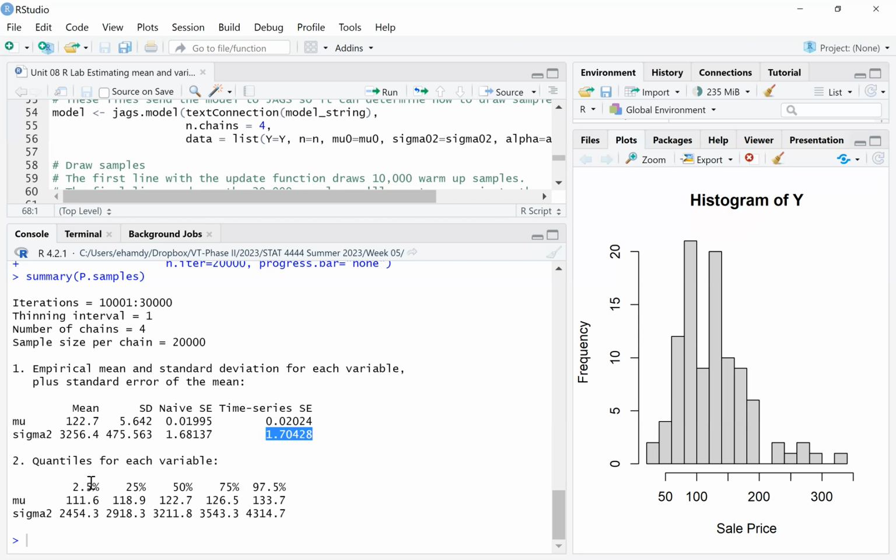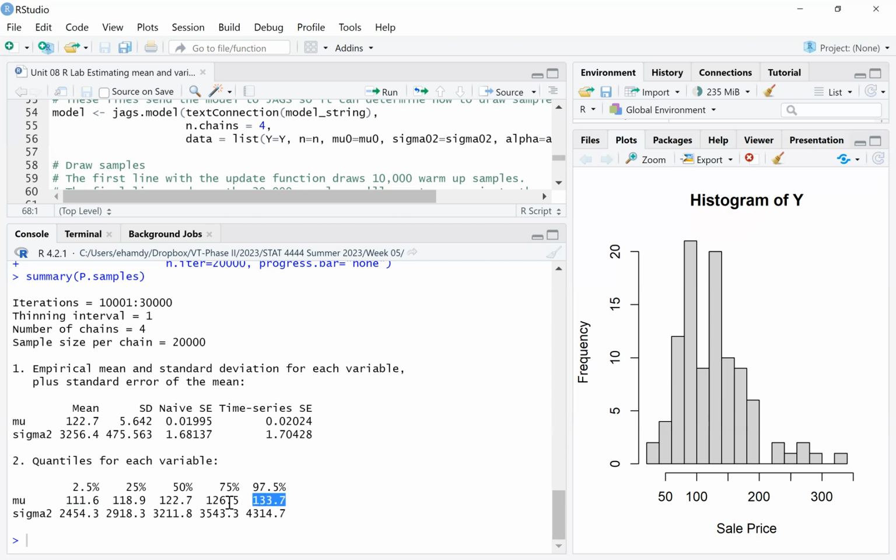And then this is another summary. This is the 2.5 percentile, 25 percentile, 50 percentile. So this is the median of mu, the posterior median for mu, and the posterior median for sigma square. This is the lower limit of the 95% credible set. This is the upper limit of the 95% credible set. So for mu, the 95% credible set is 111.6 and 133.7.